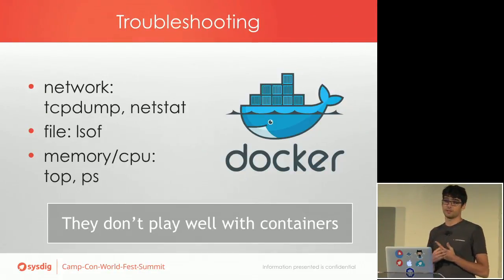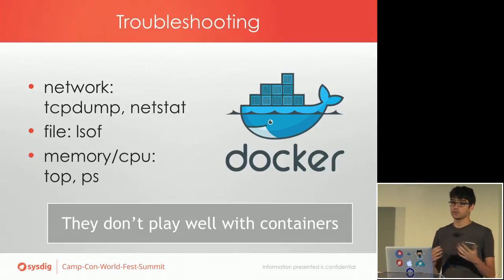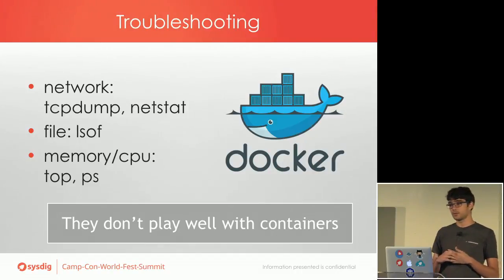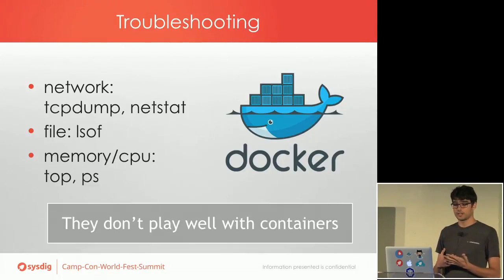Troubleshooting is a bit different with containers. All the tools that we are used to, like tcpdump, netstat, lsof, top, don't play so well with containers. Because, for example, if you think about networking, every container has its own network stack. So if you run tcpdump on your host, you don't see the traffic generated by your containers.